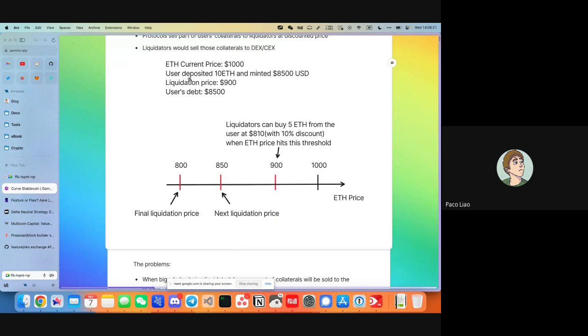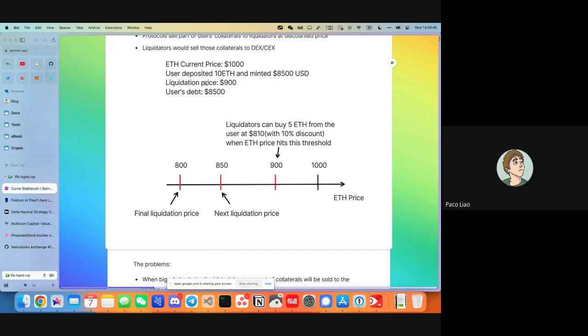This is an example of liquidation on lending or stablecoin protocols. Let's say the ETH price is 1,000, and a user deposits 10 ETH and mints 85,000 USD, so he has 85,000 USD of debt.